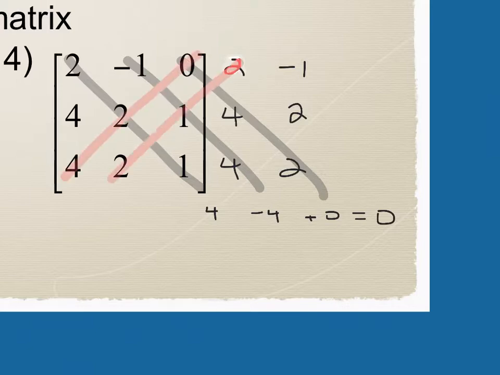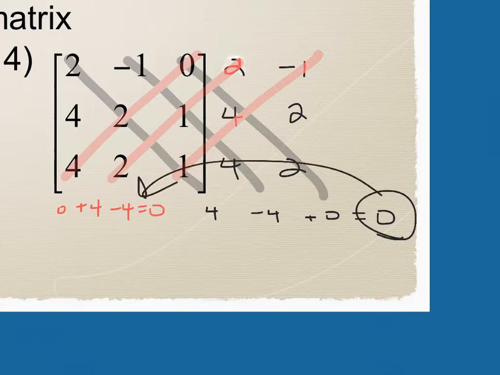And then go back the other way. So 0 times 4 times 2 is 0. 2 times 1 is +4. And then -1 times 4 times 1 is -4. This is actually 0 as well. You would do this one minus this one. They're both 0, so it doesn't matter, right? But if it was any other number, obviously it's going to matter.